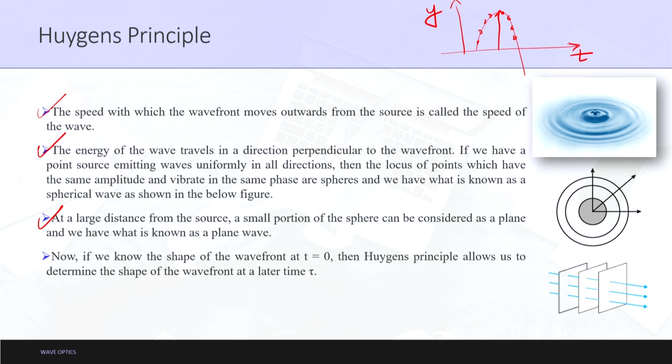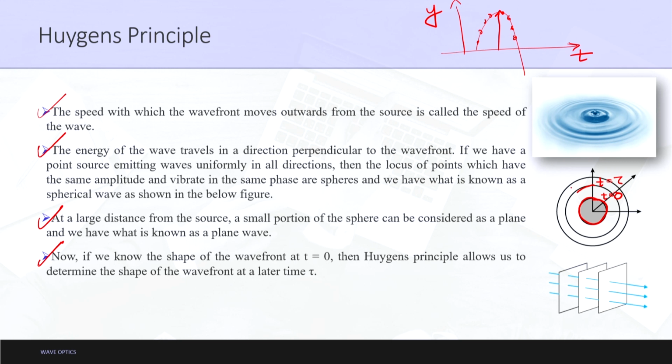Now, if we know the shape of the wavefront at t equal to 0, then Huygens principle allows us to determine the shape of the wavefront at a later time tau. Let us say this is the wavefront which we know at t equal to 0, then using the Huygens principle we will get to know the wavefront at some t equal to tau.